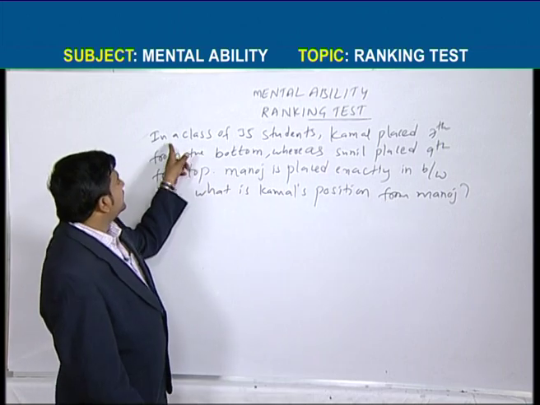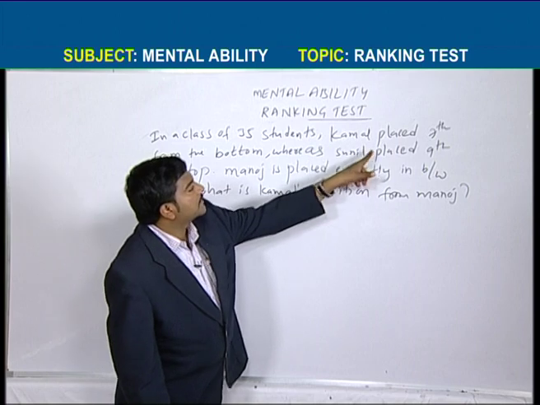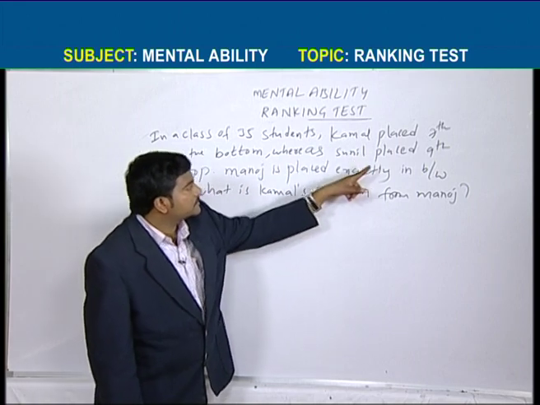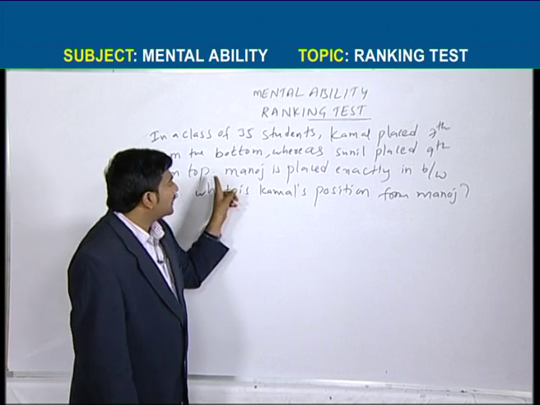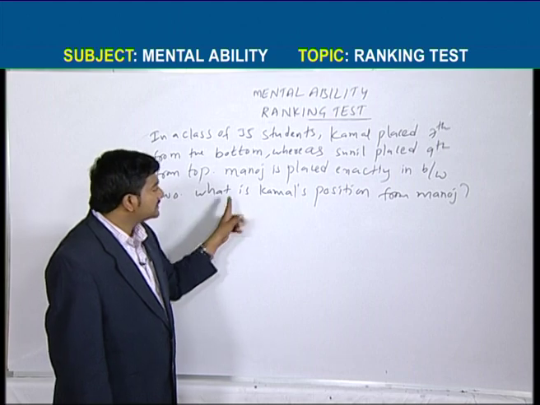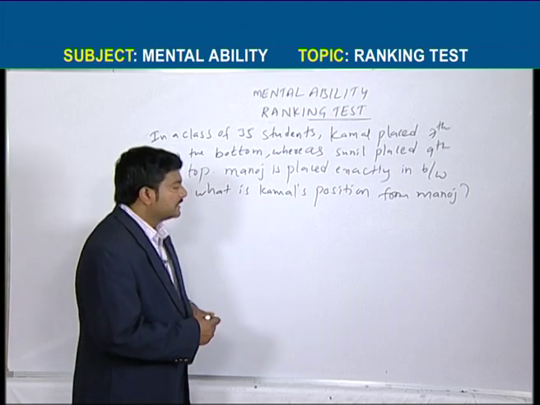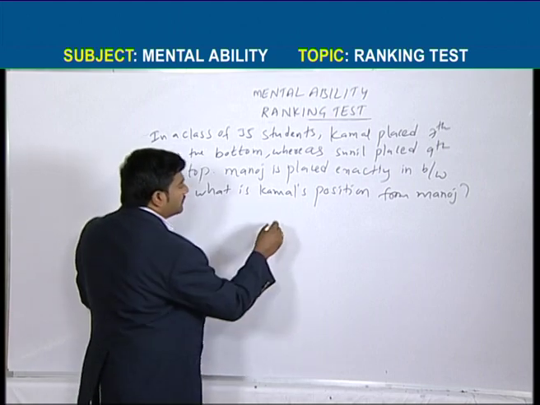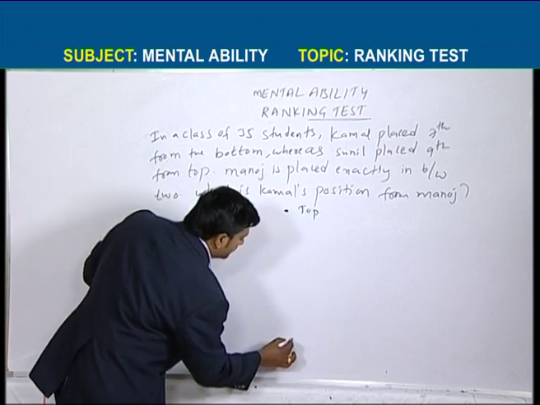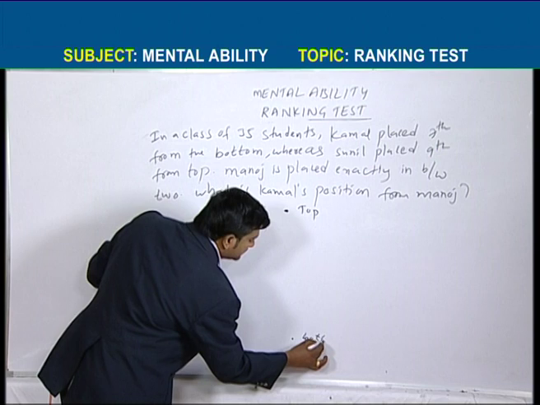It's a simple concept. In a class of 35 students, Kamal placed 7th from the bottom, whereas Sunil placed 9th from the top. Manoj is placed exactly in between the two. What is Kamal's position from Manoj? Since he mentioned the words top and bottom, we will take them accordingly. For example, think that this is top and here it is bottom.